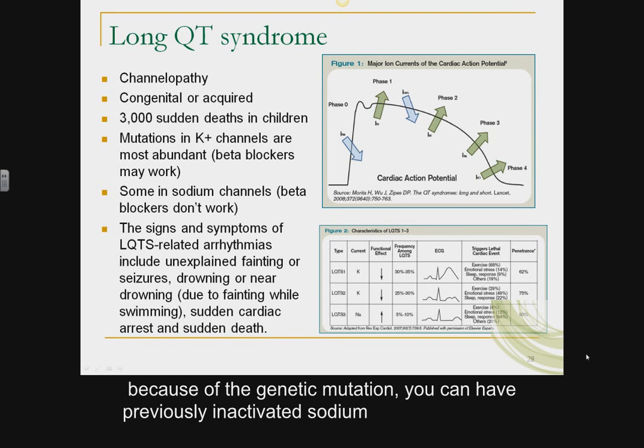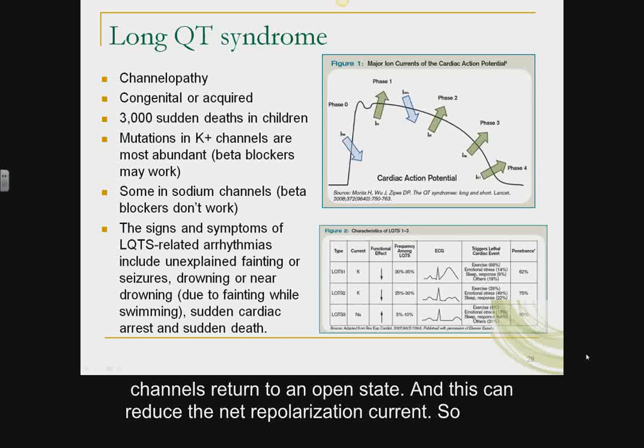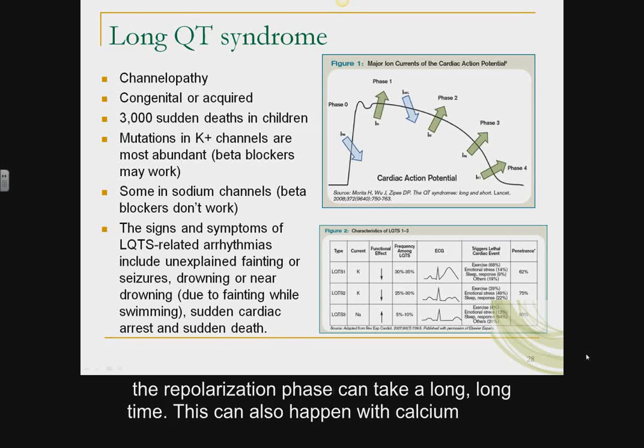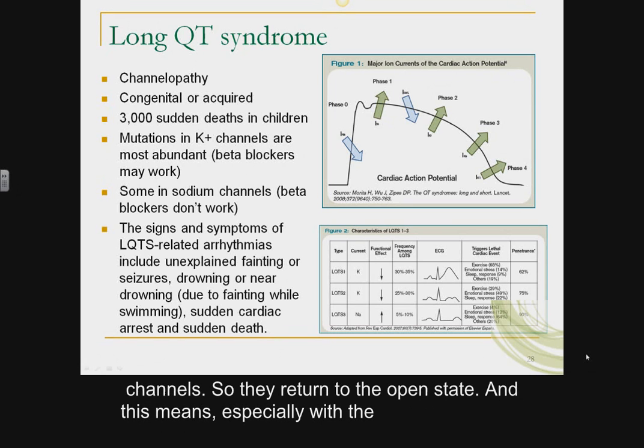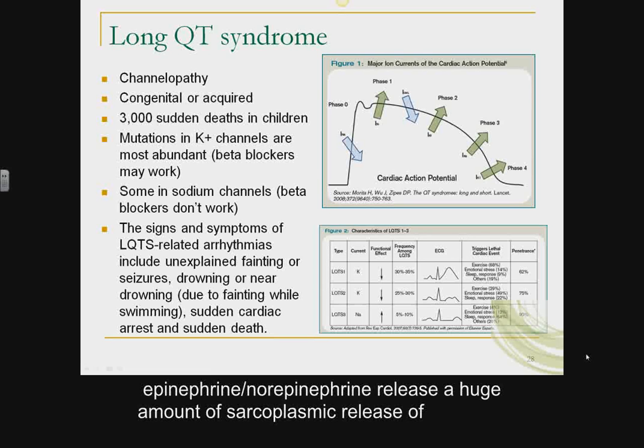If you have a large amount of sarcoplasmic reticulum releasing calcium, then you're going to have a lot of calcium moving out of the cytosol through the exchanger. And if it's moving 3 sodium into the cell for every calcium coming out, we're going to have a lot of inward movement of sodium, which means a very long depolarization. Again, the long QT could be from either a long depolarization or a long repolarization.